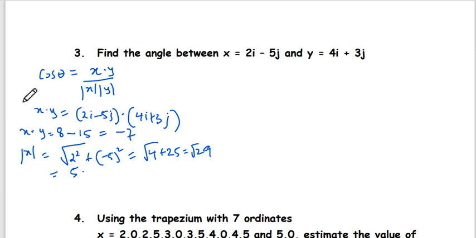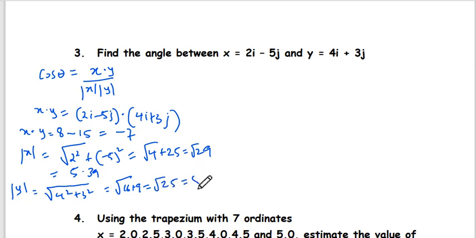Let me check our calculator. 5.39. Then the modulus of y. That'll be root of 4 squared plus 3 squared, that's root 16 plus 9, that's root 25, which is equal to 5.